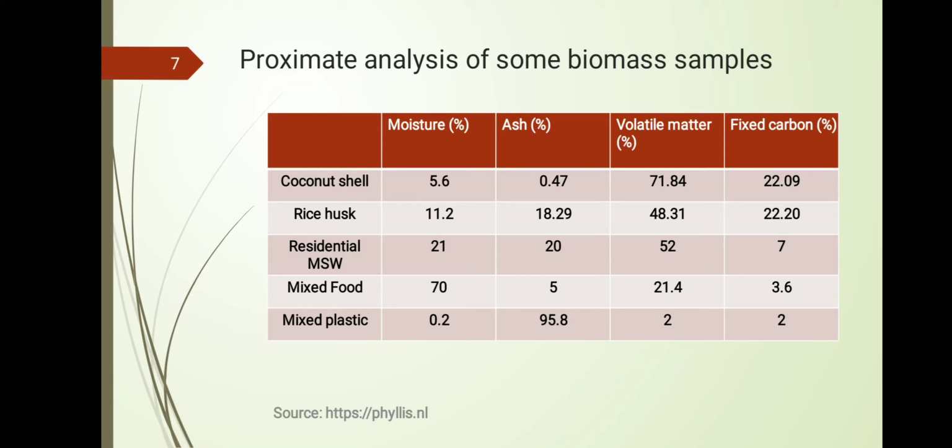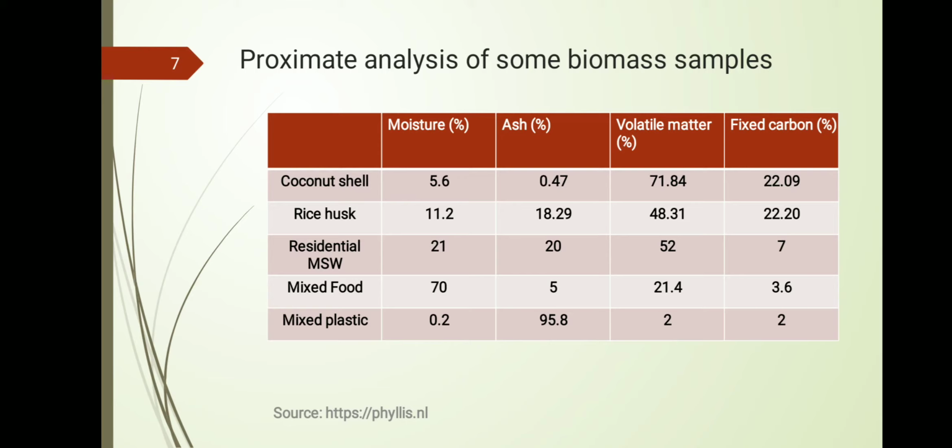Finally, you can see the mixed plastic. It has a very low moisture content, 0.2, but the ash is very high. So plastic is also not that suitable for energy production because of its ash percentage, but this will be different for different plastics, like PVC, which will have different properties.